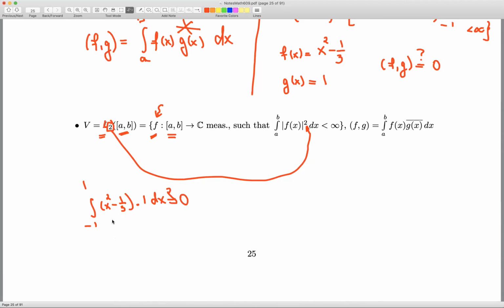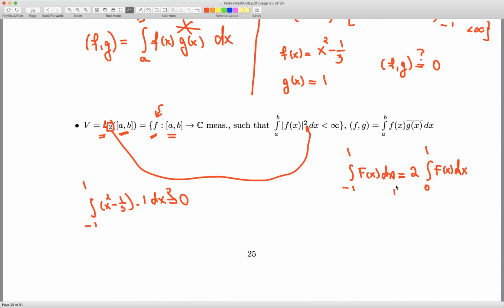Well, first, let us observe that when we integrate from -1 to 1 some function, and this function is even, so if we integrate an even function over a symmetric interval, that means interval from -a to a, this is twice the integral from 0 to 1 of this function f of x dx.